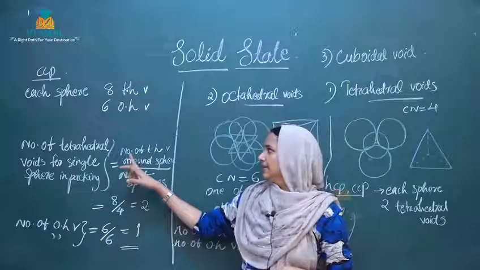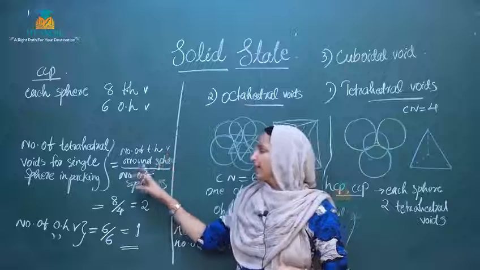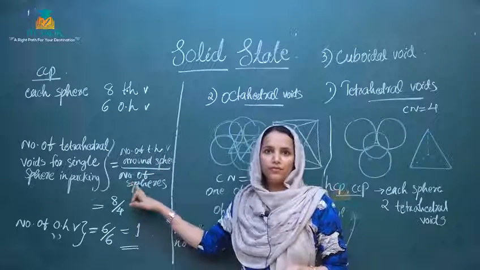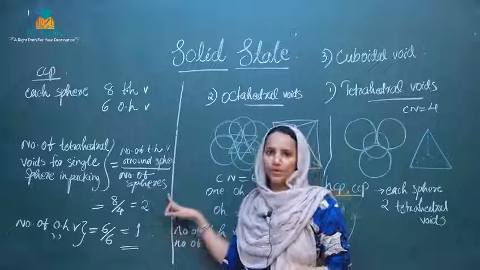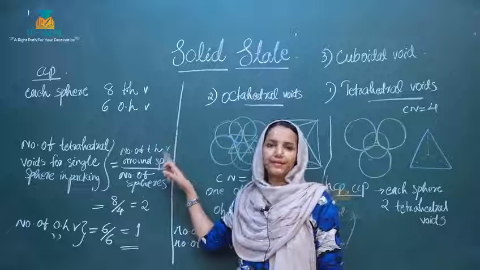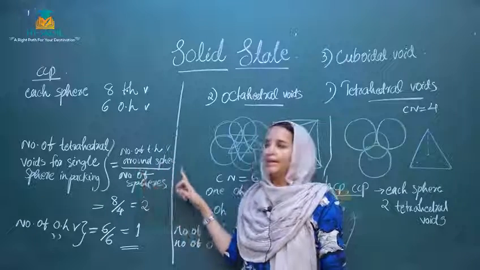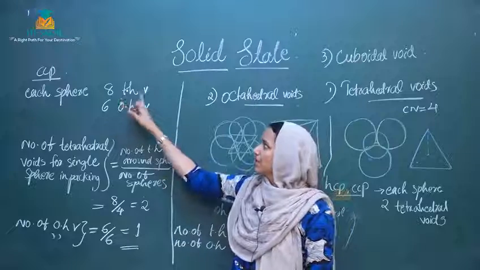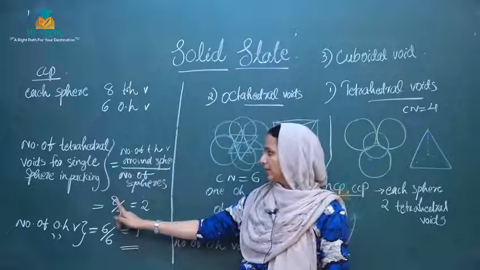The formula is the number of tetrahedral voids around a single sphere divided by the number of spheres in a tetrahedral void. So the number of tetrahedral voids in CCP is equal to 8.